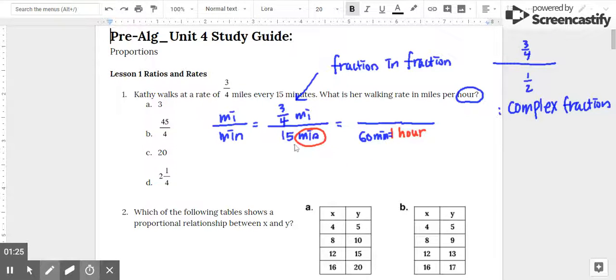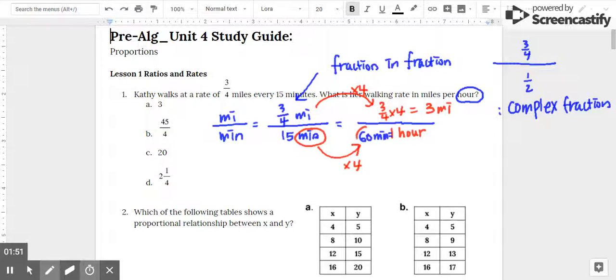So now Kathy walks 3/4 mile in 15 minutes. Well, what about 60 minutes? If you multiply by 4, then you will get 3/4 times 4. So Kathy walks 3 miles per 1 hour, for 60 minutes.